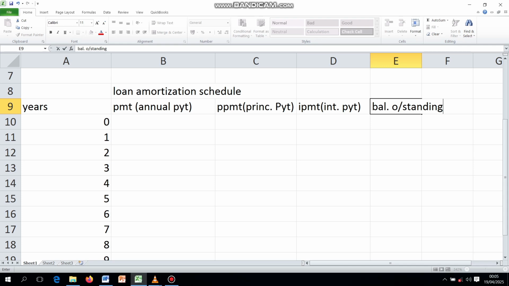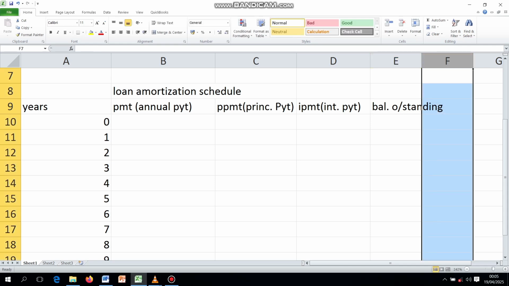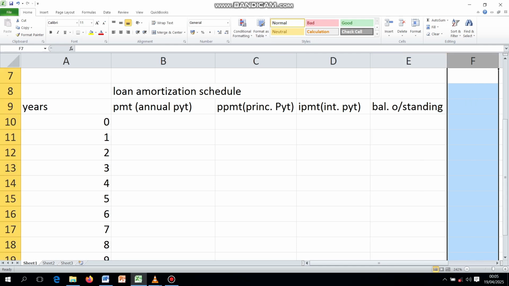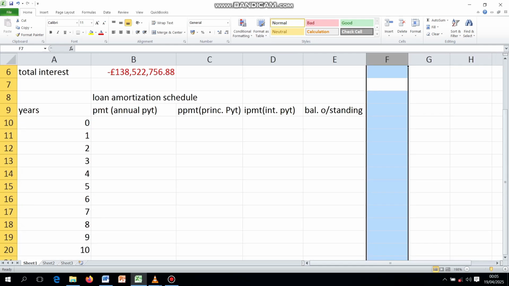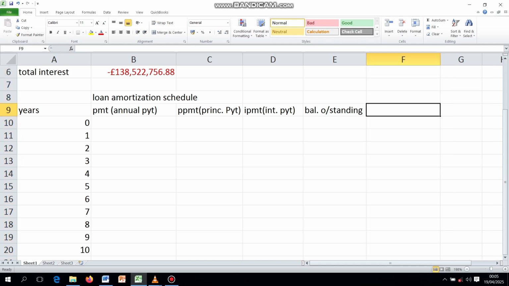So after the balance outstanding, when I get it, I can also get the principal balance outstanding, because this is the balance outstanding for all.